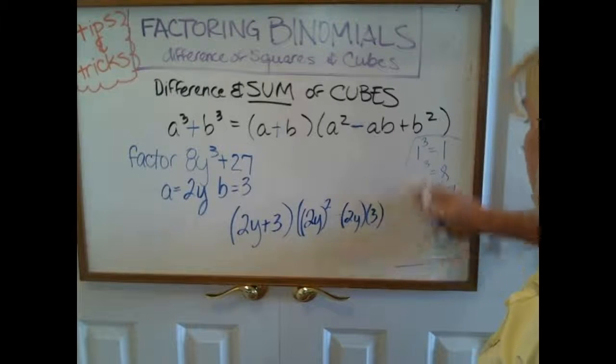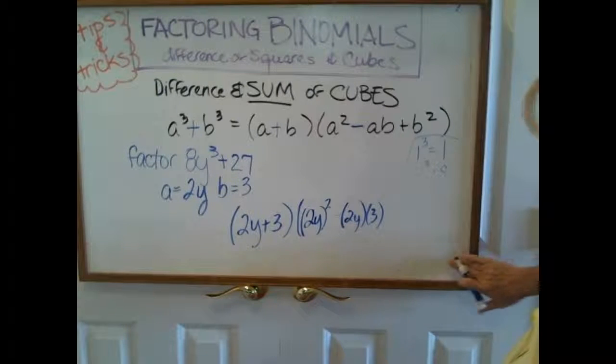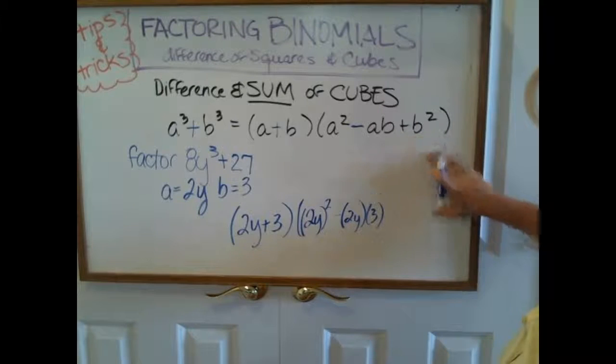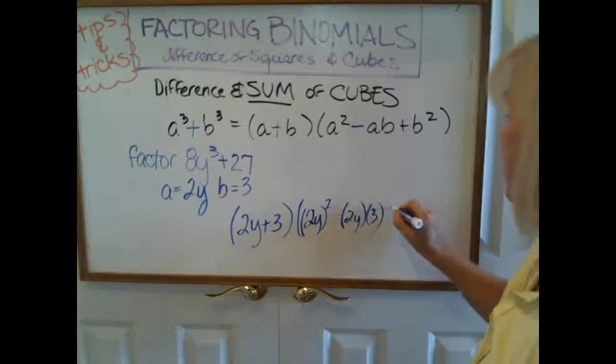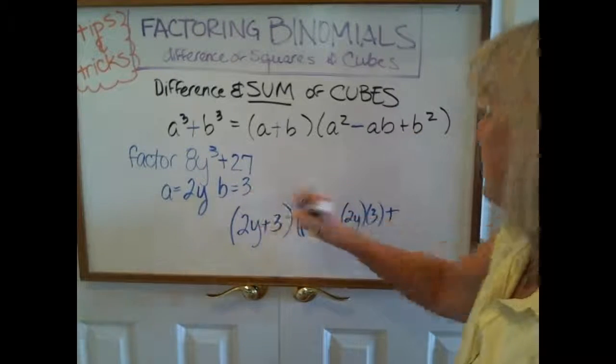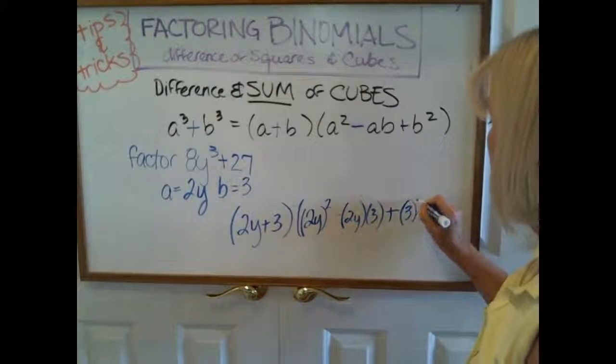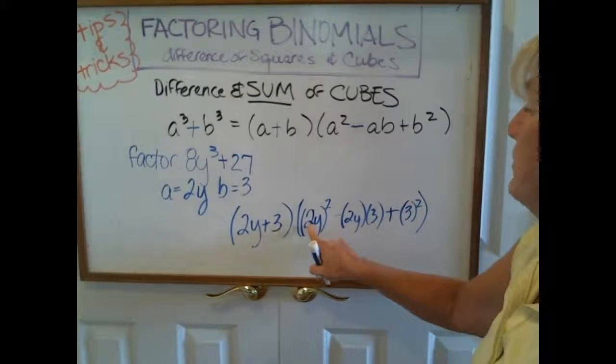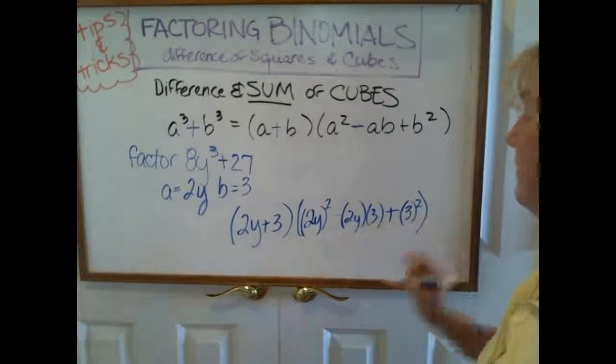And I'm going to erase this so we have more room. And then it would be plus b squared, which is 3 squared. Now notice I put all of these in parentheses so I don't get mixed up.